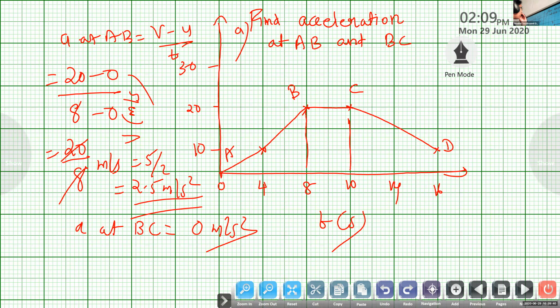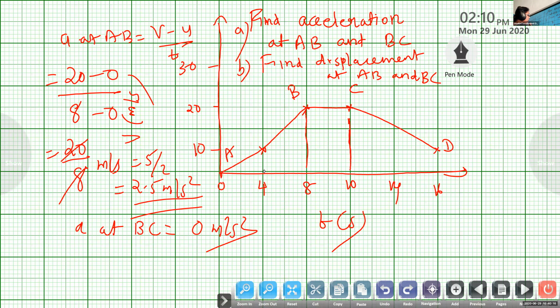Okay. Now, second question. Find displacement at AB and BC. First you find out AB alone. You can mark like this with the dotted lines, so that you will get two geometrical figures here.